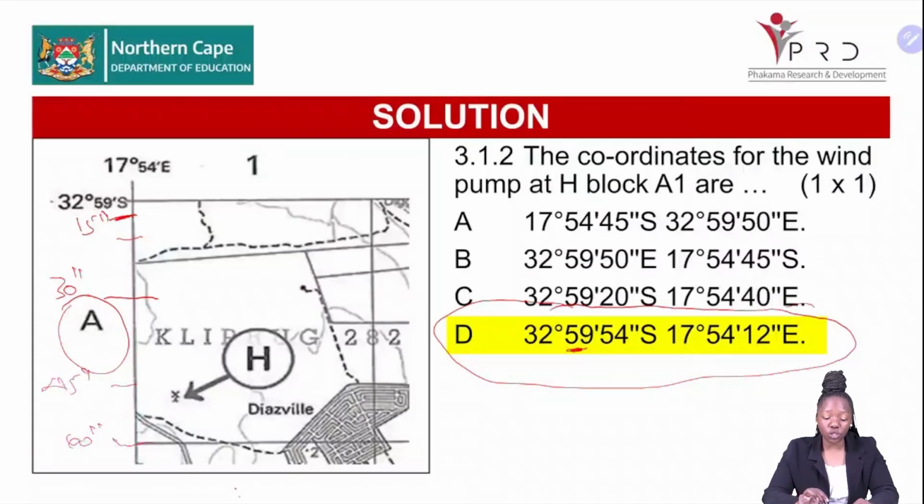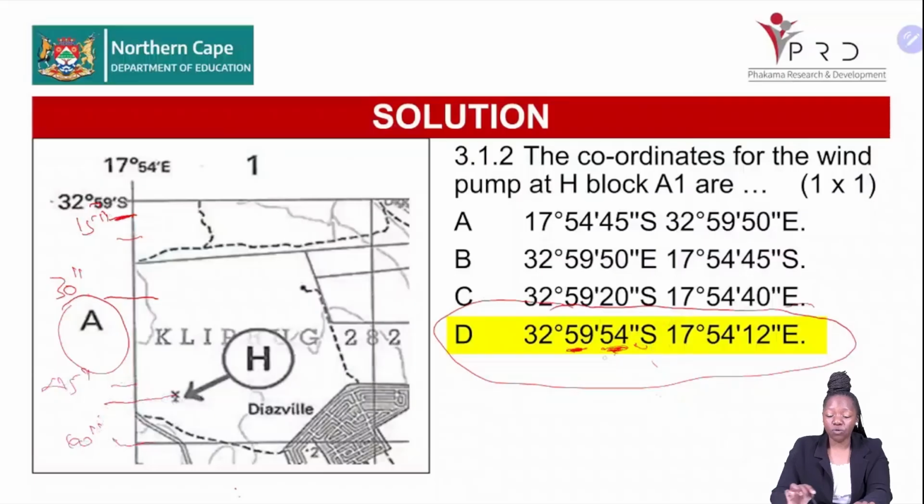So what happens? You then locate. You count using the inches of your ruler from your 45 up until you reach the line that we have drawn in line with the picture. So hence you see here there is 54. Then the direction, because we always start with the south direction, and then comma.